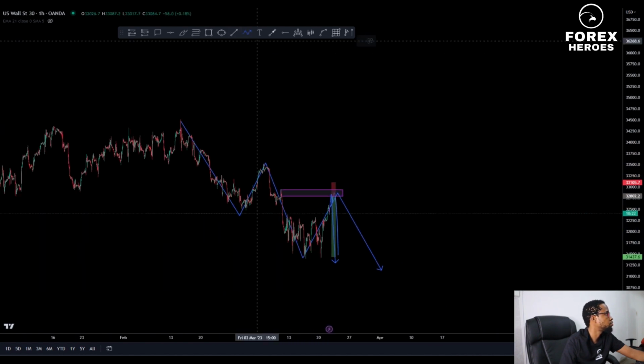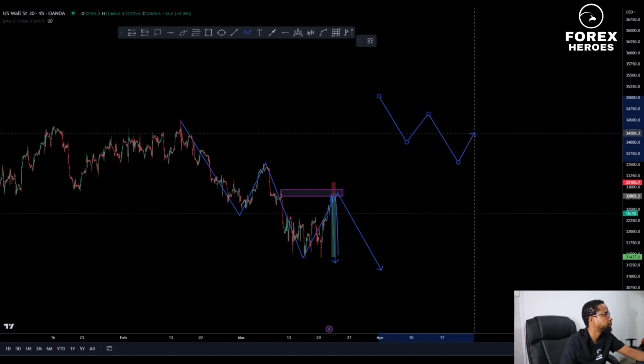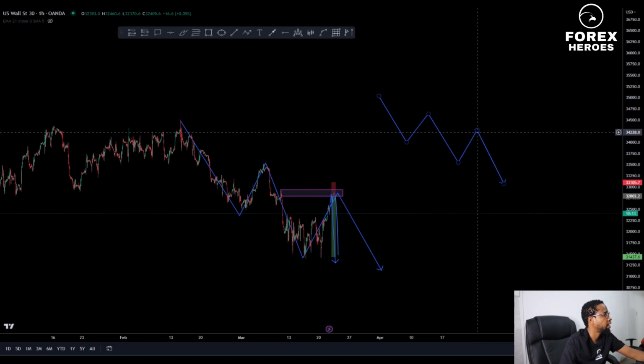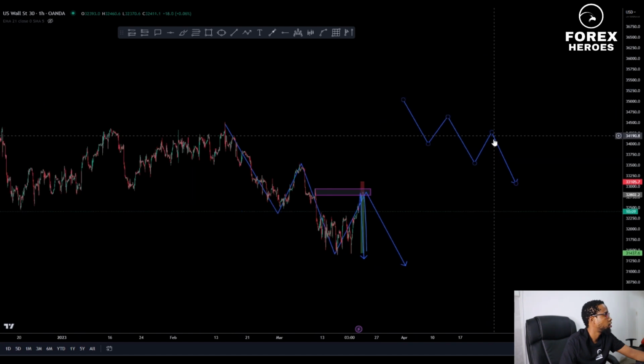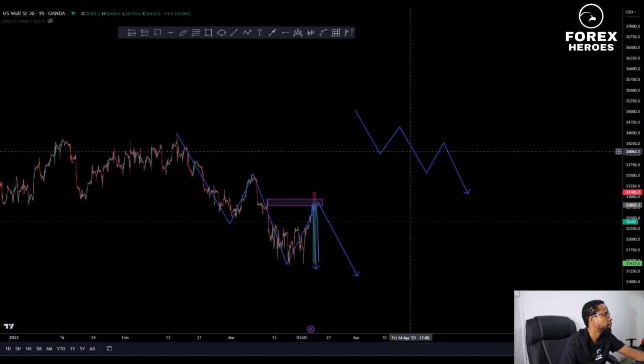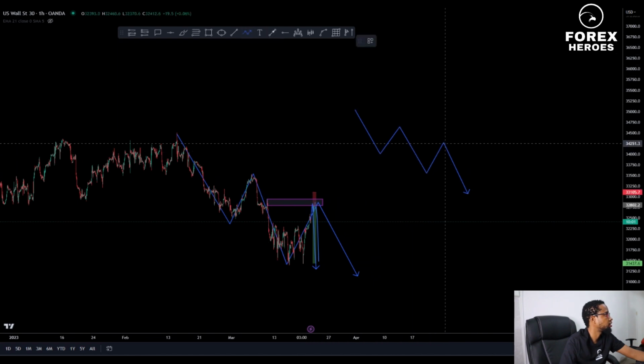Can you see? It's the same way that I always explain that when you are having a downtrend, the market will break the lower lows and respect the lower highs. So you just have to understand what is currently happening here, because at this point we are having something like this.